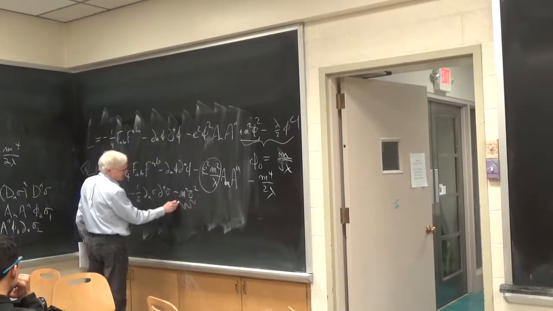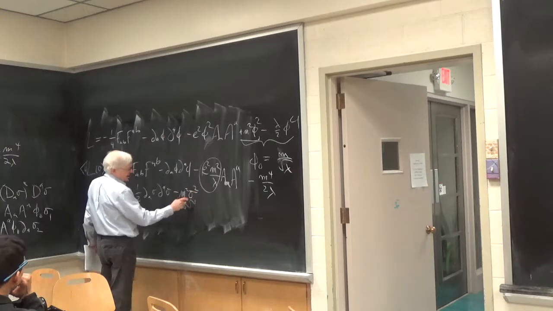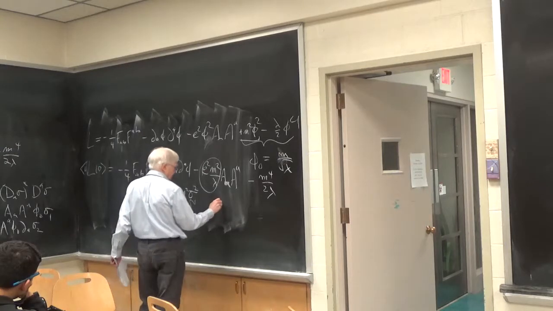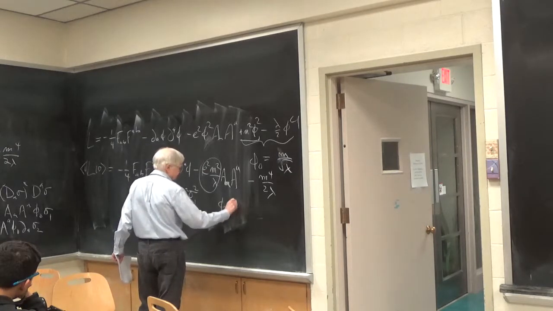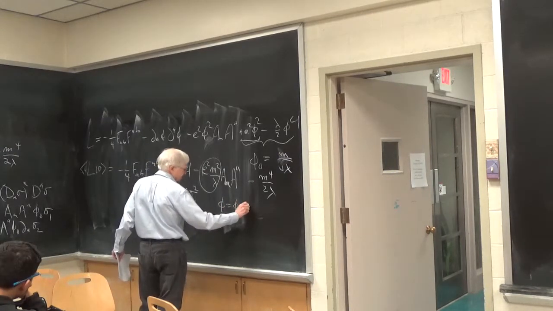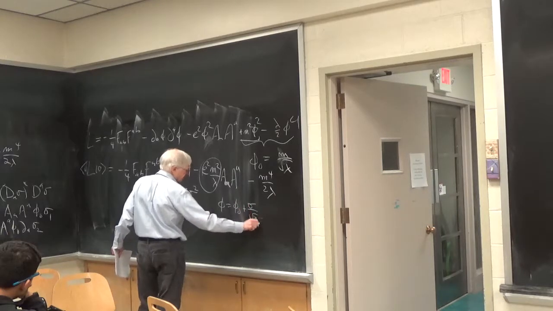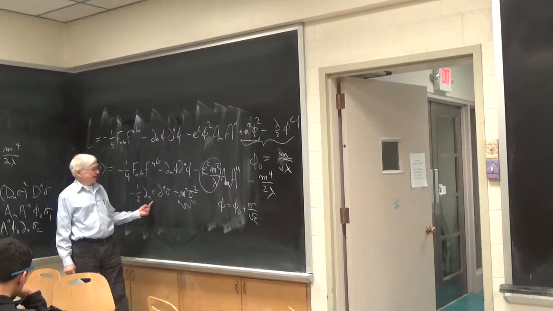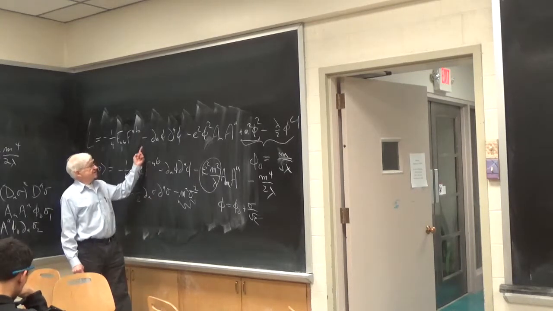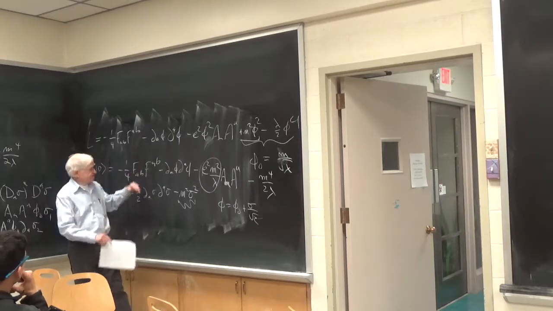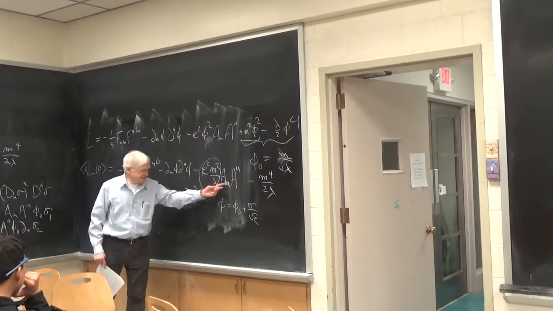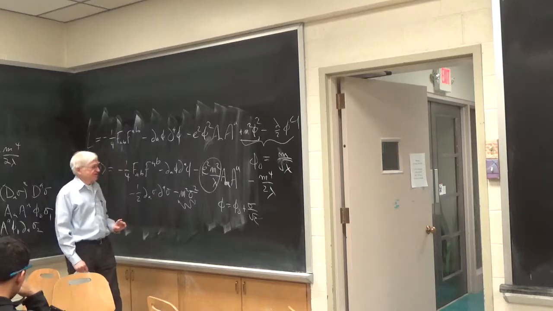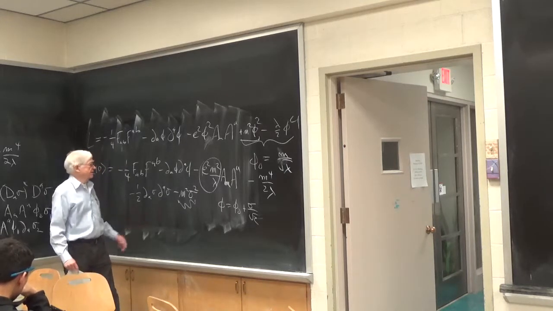So we have a massive scalar field where here phi is phi 0 plus sigma over root 2. So in this, after making the gauge transformation, what we have is a massive vector field and a massive scalar field, and that's it.